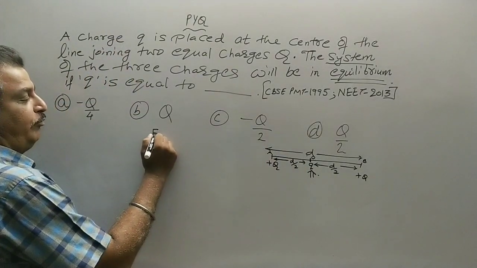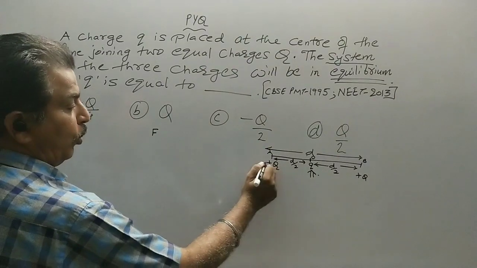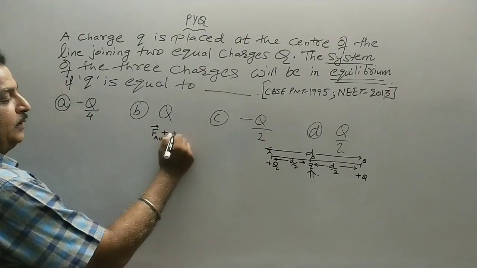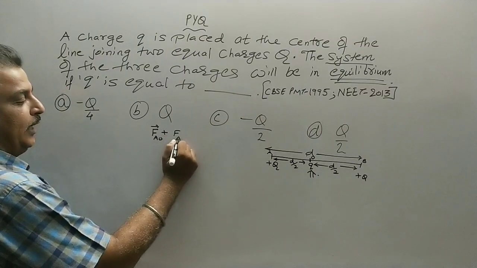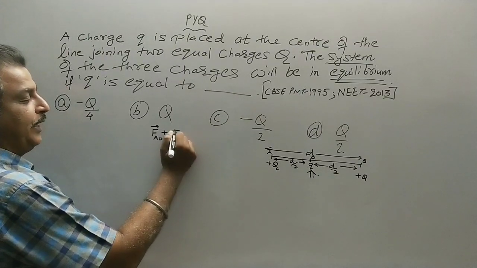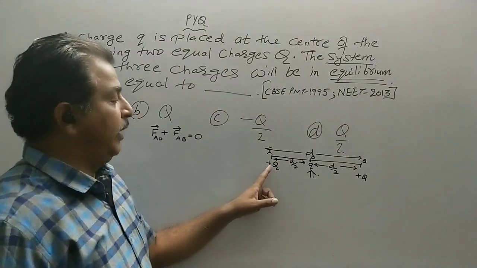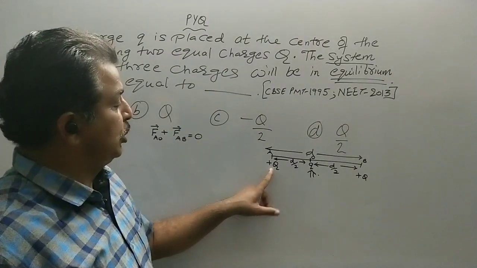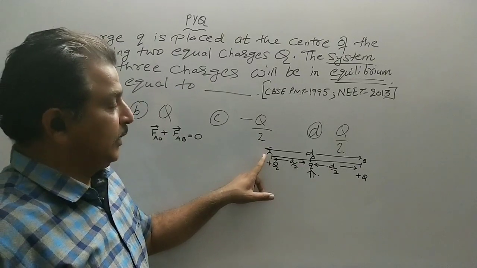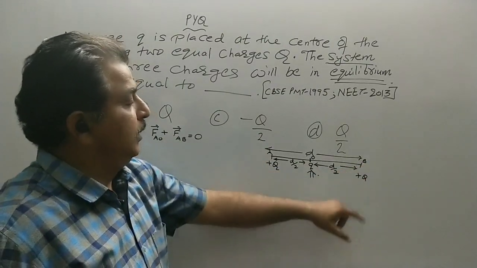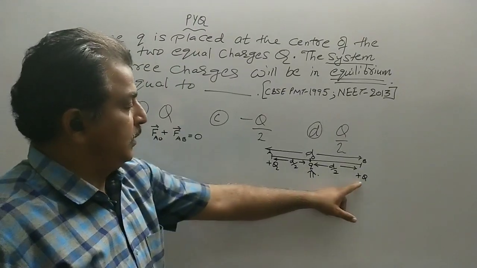So the resultant force on A due to O plus resultant force on A due to B should be equal to 0. So we are trying to find out the resultant force on plus Q placed at point A. You can also find out the resultant force on B because it is the same charge.